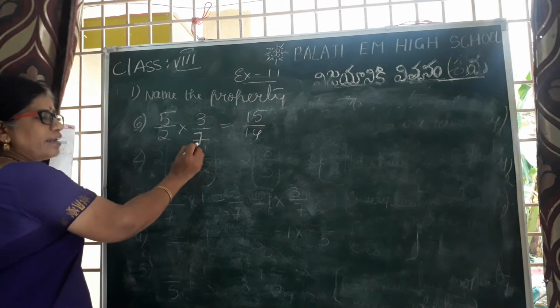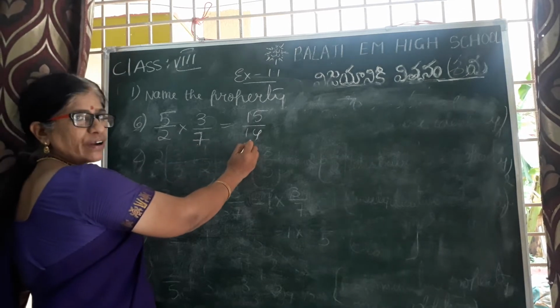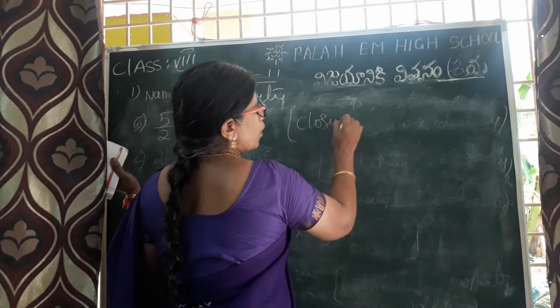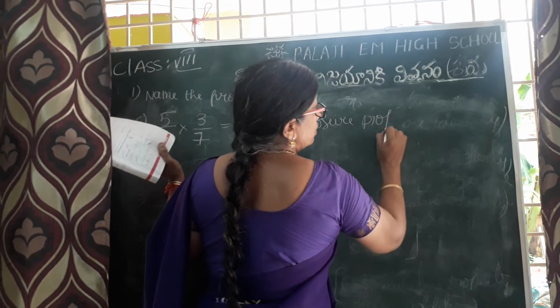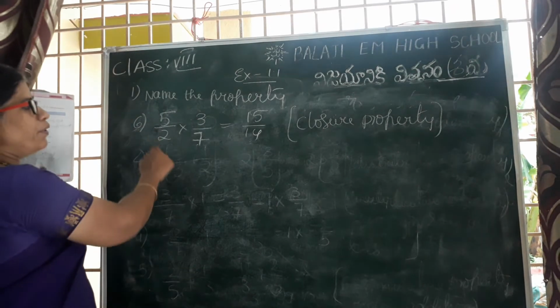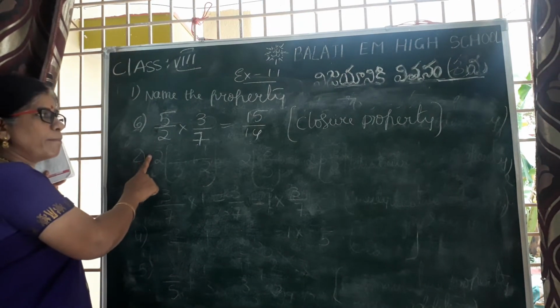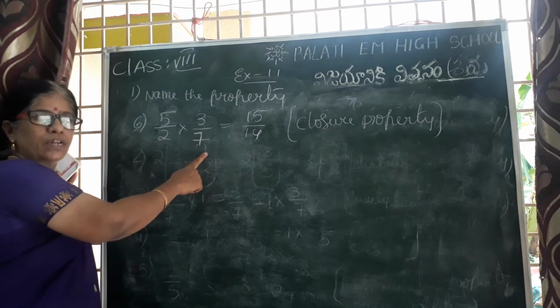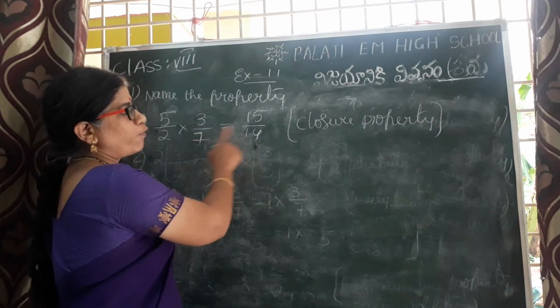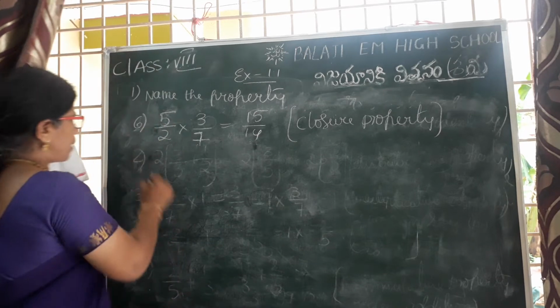So you are multiplying two rational numbers to get another rational number. So we call it a closure property. 5 by 2 is a rational number, 3 by 7 is a rational number, and the product of these two, 15 by 14, is also a rational number. Therefore, we write this as closure property.